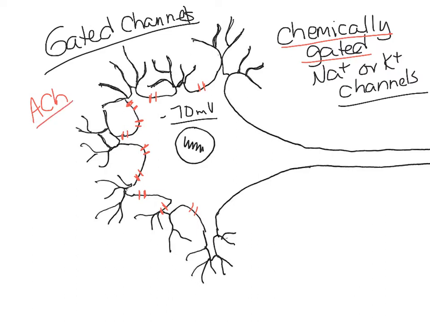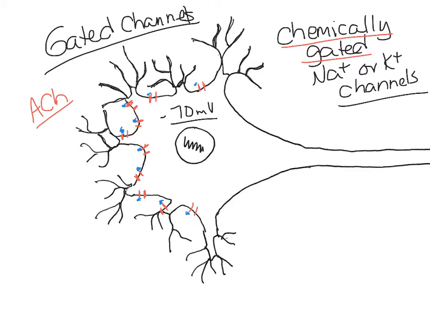We're going to use acetylcholine as the example. So on each one of these gated channels, we have a little area on them that will bind to acetylcholine. So that's a receptor on the gated channel, and acetylcholine can bind to that.